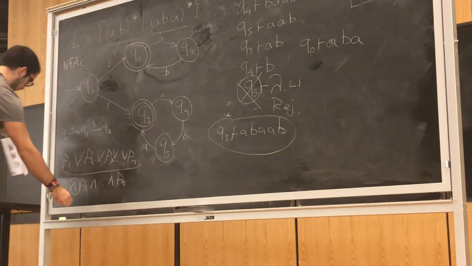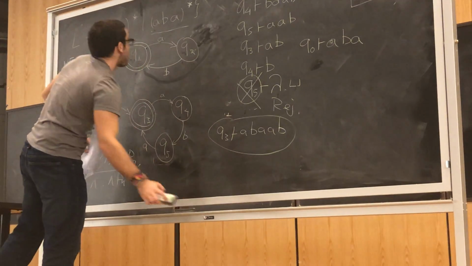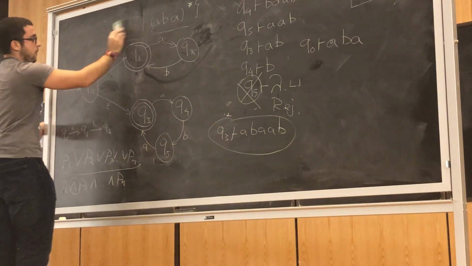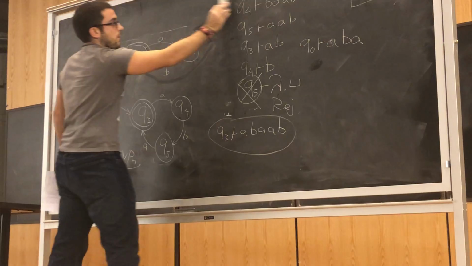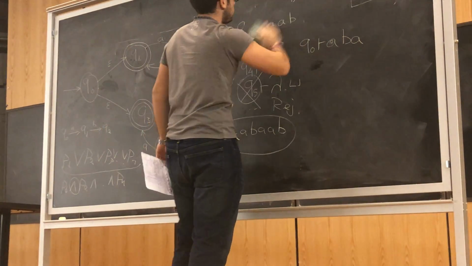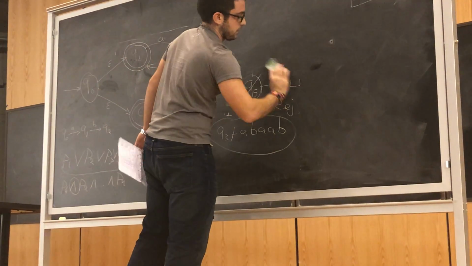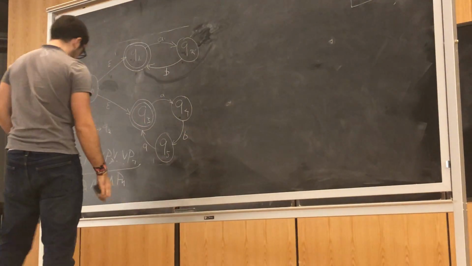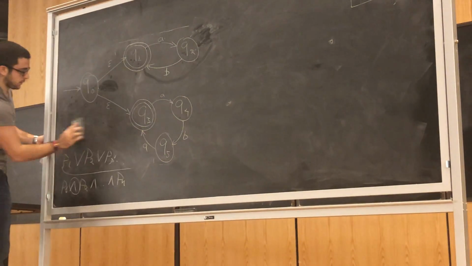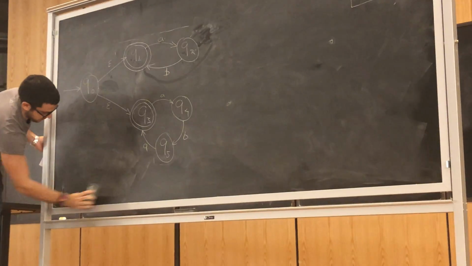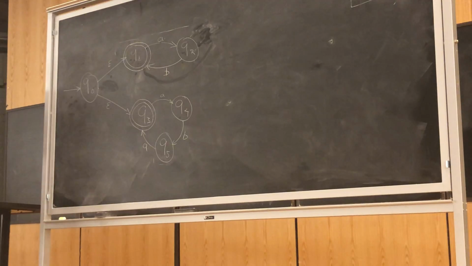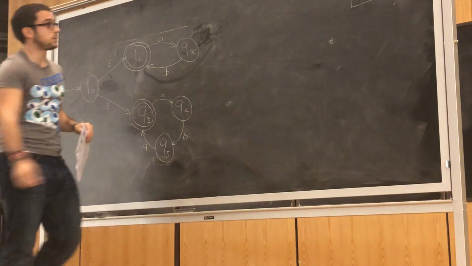Now, I will keep this here. I will erase also this one. And I will make the transition table for this one.